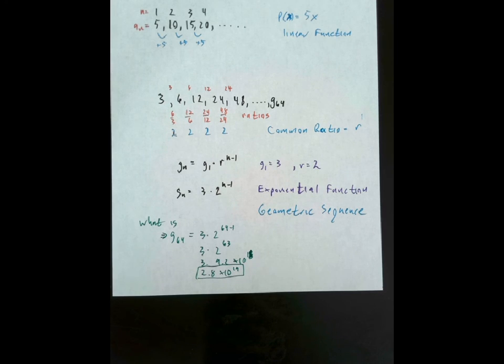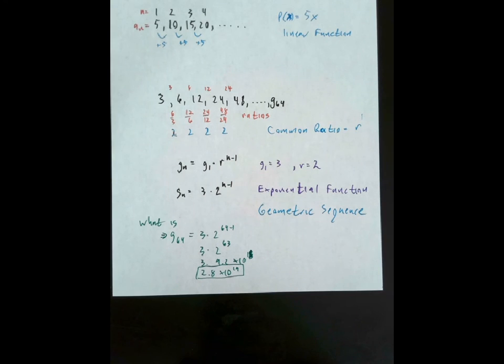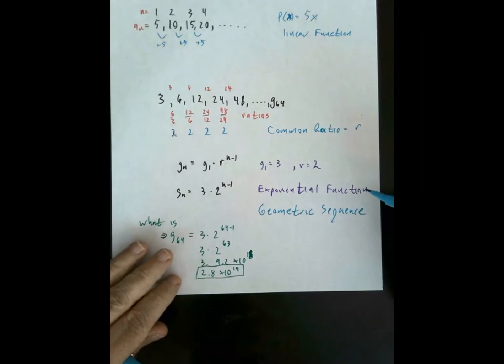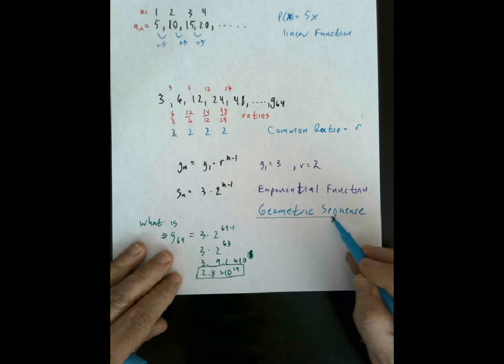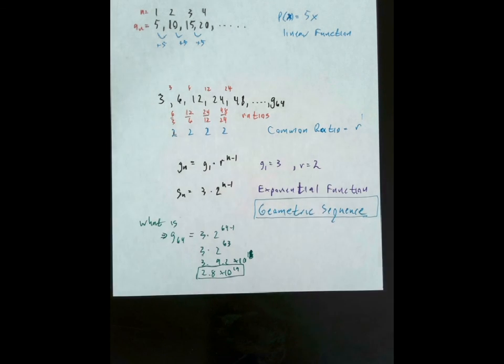So this rice grain sequence here, the amount of rice grains on the spaces of a chessboard, was not only an exponential function, but a fine example of what we're going to call a geometric sequence.